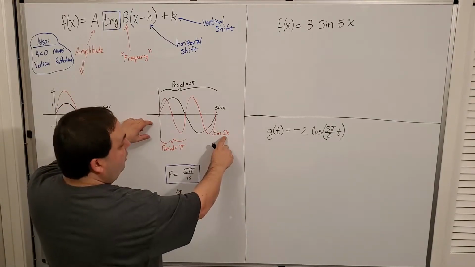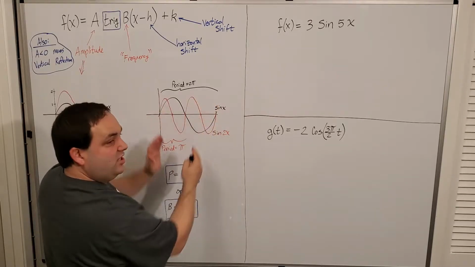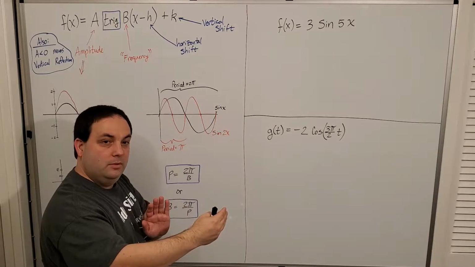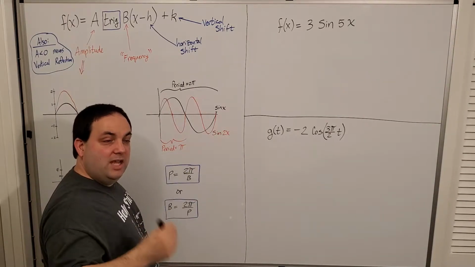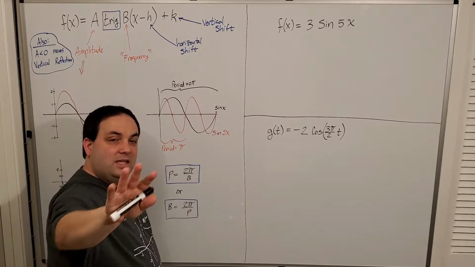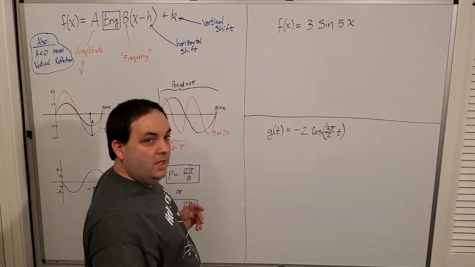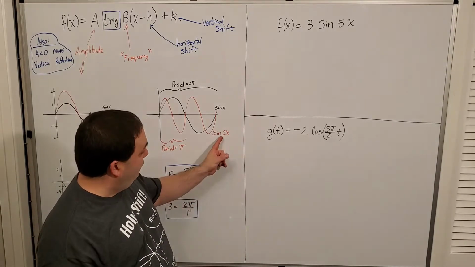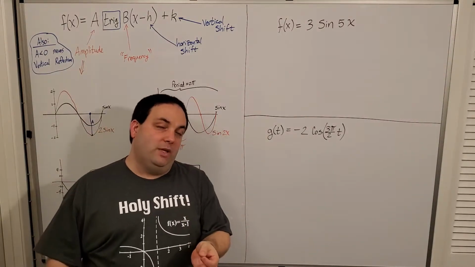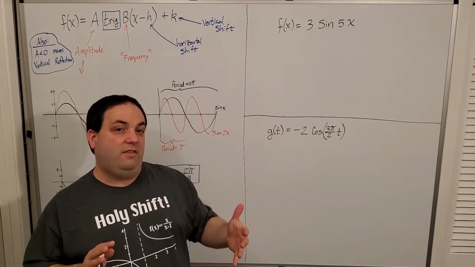If you put another frequency number in here, the 2 pi is still a start and a stop. But the frequency number is going to tell you, hey, fit this number of waves inside of that 2 pi. So the 2 pi is always part of this, but the frequency number switches it a little bit to say, fit this many of them in that 2 pi length.